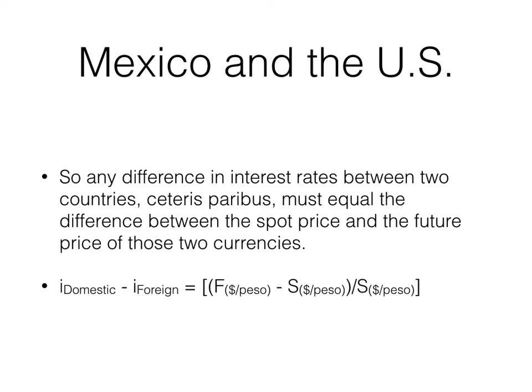So in this case, the equation we would use is the domestic interest rate minus the foreign interest rate, in the case we had 5 minus 10, has to equal the future rate of the dollar peso minus the spot rate of the dollar peso divided by the spot rate. And that would give us roughly a 5% depreciation of the peso against the US dollar.